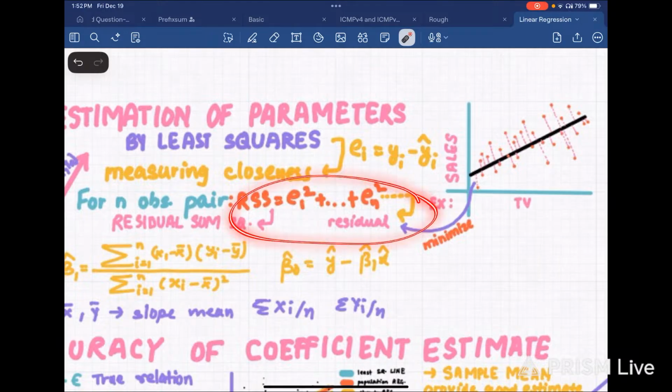So this gives us the residual sum of squares. We have to minimize this residual sum of squares to get the actual prediction we are trying to do.